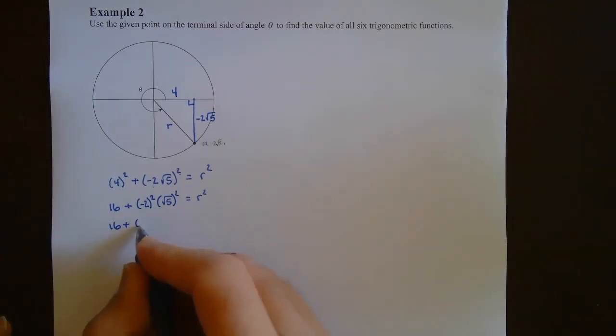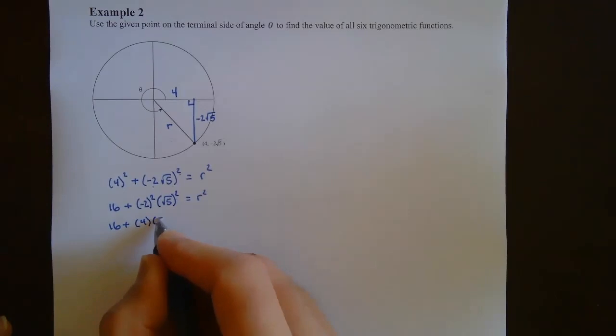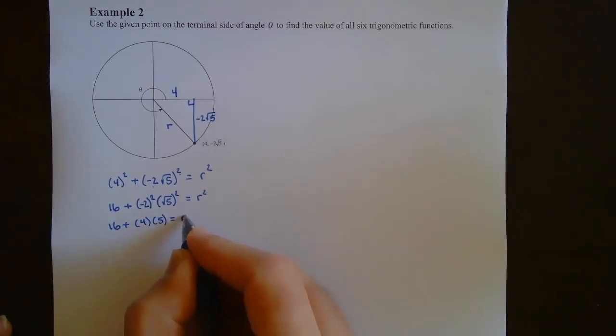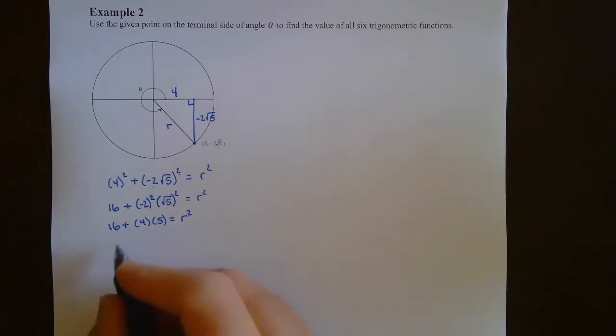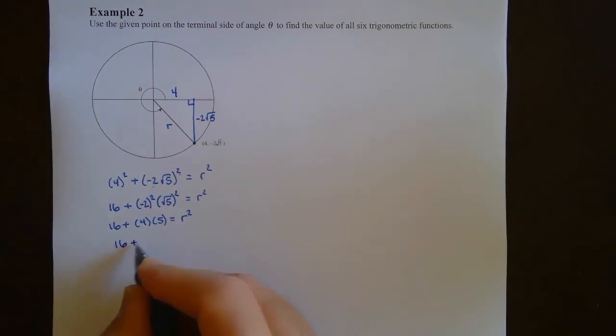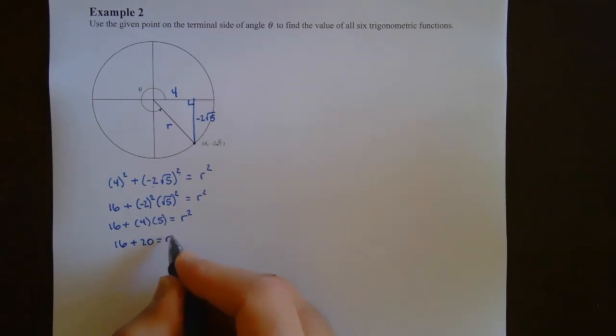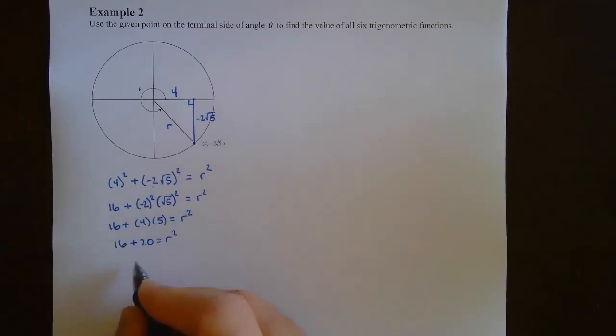So 4 times 5. I'm breaking this down more than I usually do because I can't see you guys, okay? So this would be 4 times 5, which is 20. So we'd have 16 plus 20 is equal to r squared. You definitely can skip some of these steps, okay? And then 16 plus 20 is 36. So 36 is equal to r squared, okay?